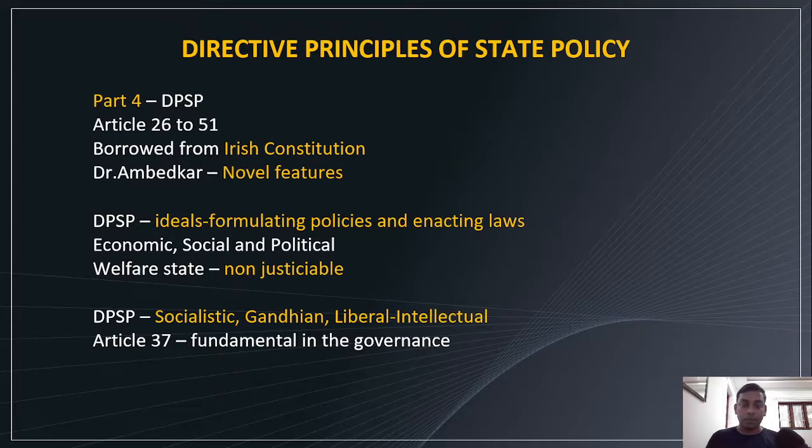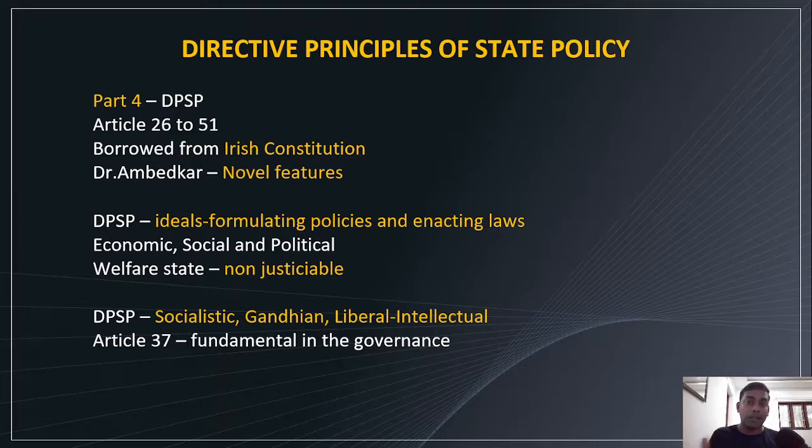Hope you understood this, right? Okay. Then Article 37 makes DPSP fundamental in the governance of our country. That means it is fundamental. It is very important. It is not ordinary. You know the difference between fundamental rights and ordinary rights. Fundamental rights are very important, which are mentioned in the Constitution.